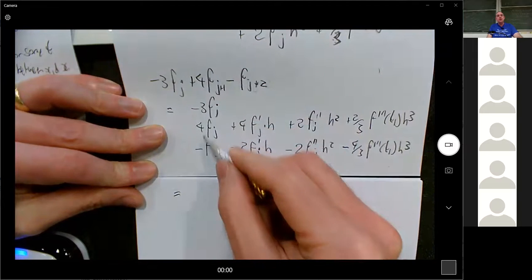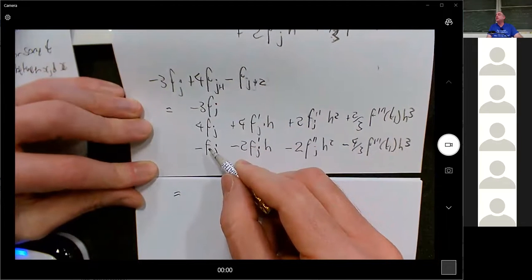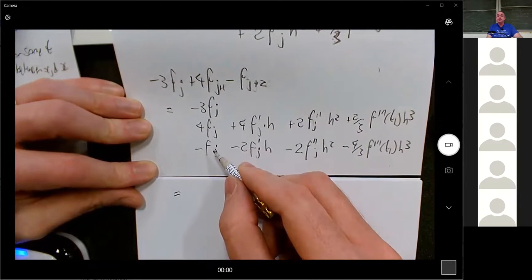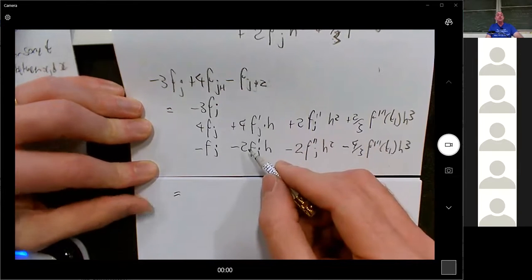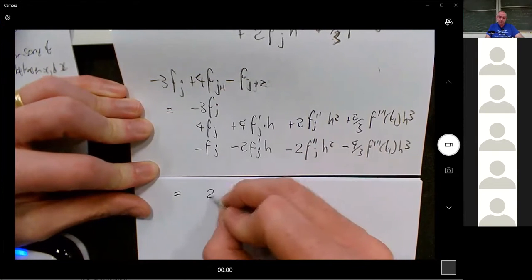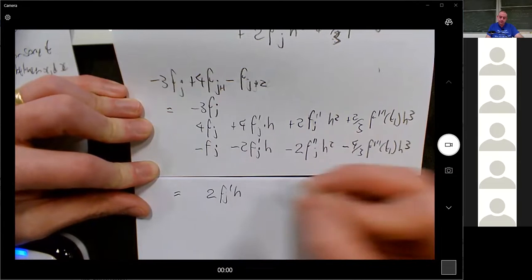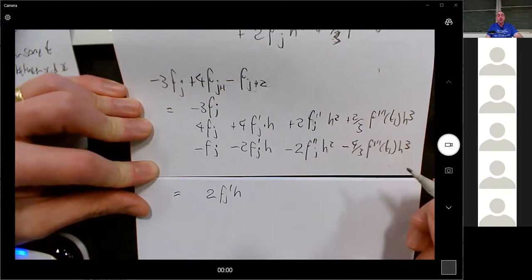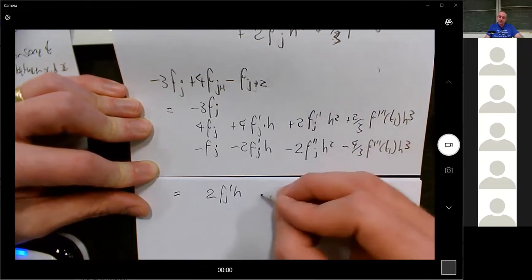Minus 3 plus 4 minus 1 is 0. There's no fj's. 4 minus 2 is 2. 2 minus 2 is 0, plus this.